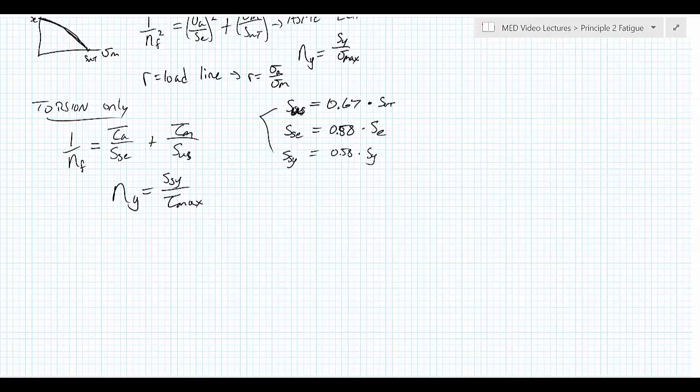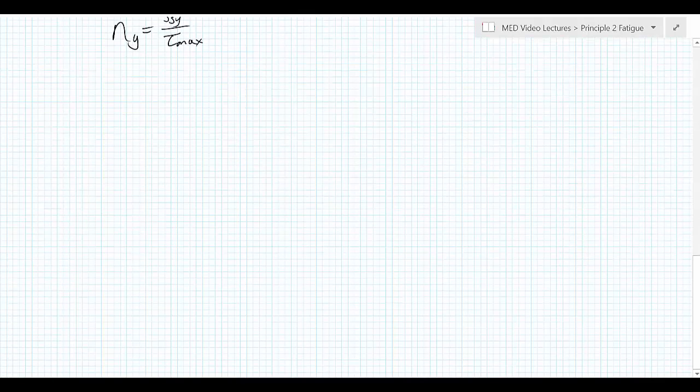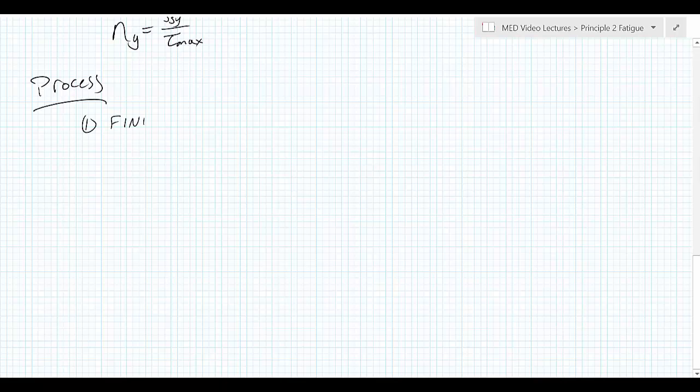All right, so what does this whole process look like if we put it all together? First of all, this is a process for fatigue failure analysis for this sort of fluctuating load. First of all, we have to find our material properties, so specifically the ultimate strength and the yield strength.